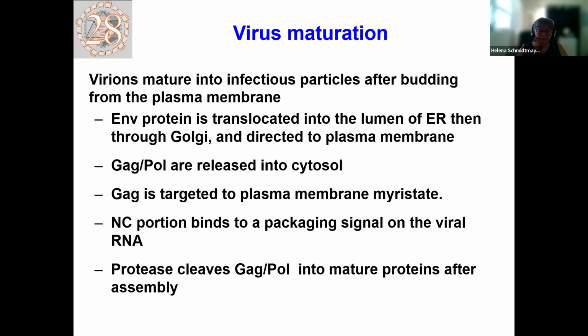Once viral proteins are synthesized, the envelope proteins, which include surface glycoproteins and transmembrane proteins, are targeted to the cell membrane where they are inserted, and GAG-POL are attracted to it because the matrix is myristylated and brings whole GAG-POLs into the area where the surface glycoproteins are inserted in the membrane. The nucleocapsid portion has packaging signals, so it attracts viral RNAs and the virus assembles on the membrane.